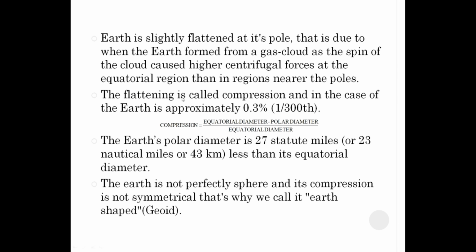Now the flattening is called compression, and in the case of the earth it is approximately 0.3%. The formula for compression is equatorial diameter minus polar diameter, upon equatorial diameter. The earth's polar diameter is 27 statute miles, or 23 nautical miles, or 43 kilometers less than its equatorial diameter.